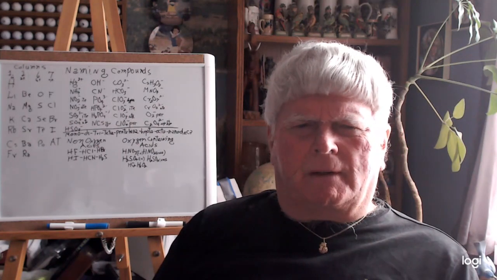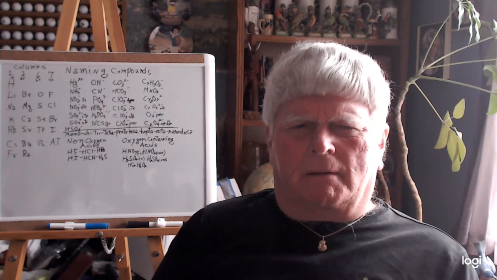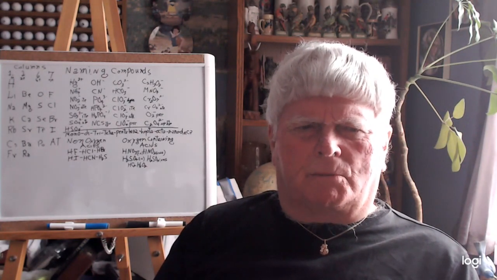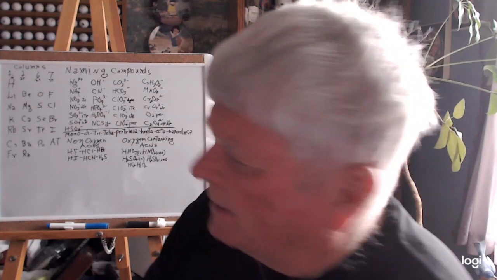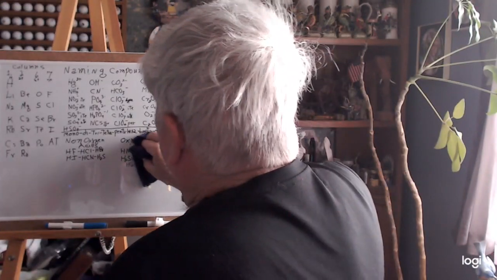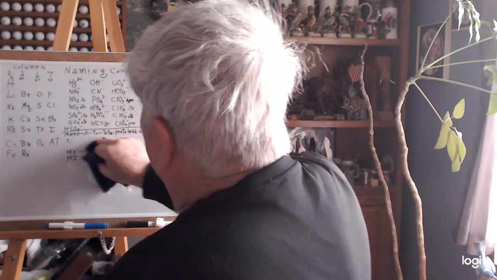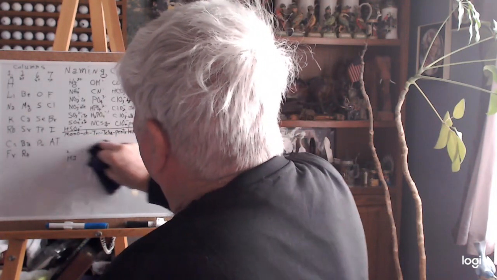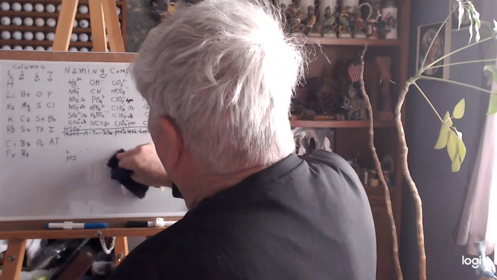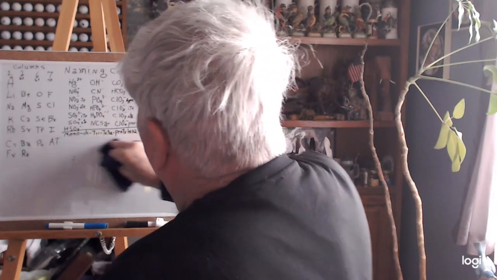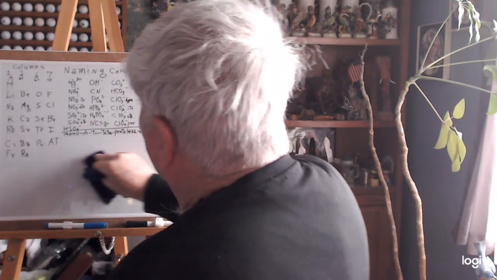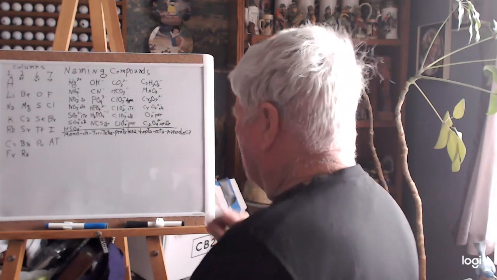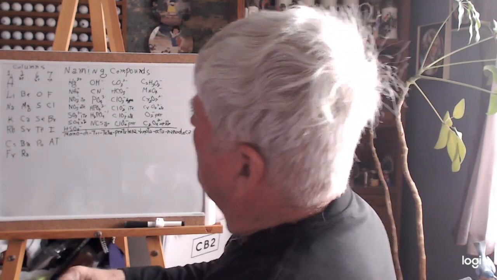And sulfuric and nitric are the most important of these, and I would suggest you put those to memory. So we're going to start off by erasing the acids and putting together some compounds.